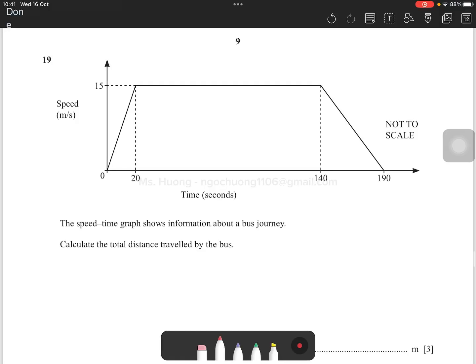Question 19. The speed time graph shows the information about a bus journey. Calculate the total distance traveled by the bus. So in this case, you have the speed, the time, and you want to find the total distance. The total distance is like the area of the trapezium.